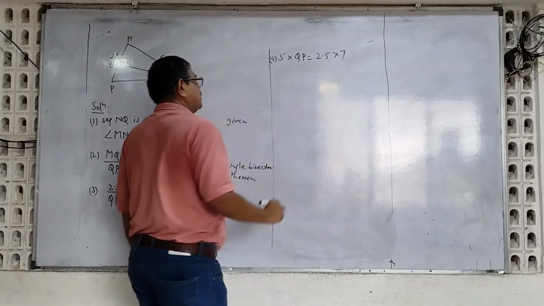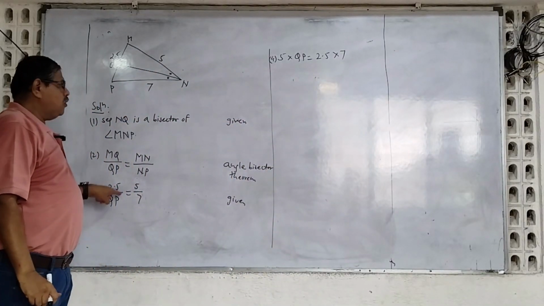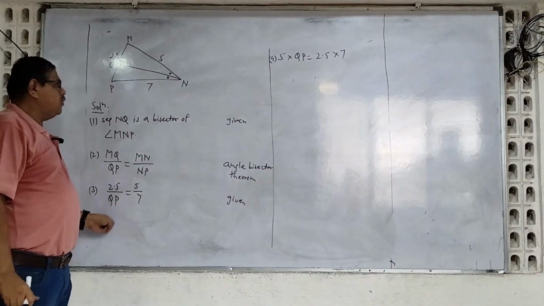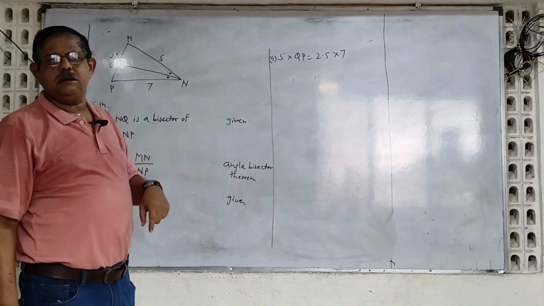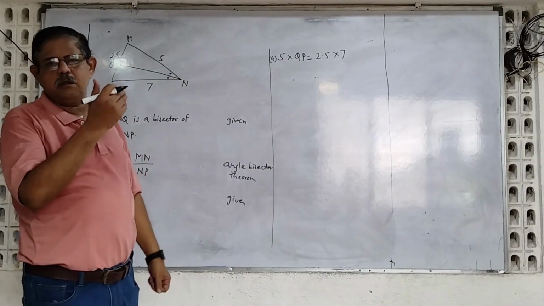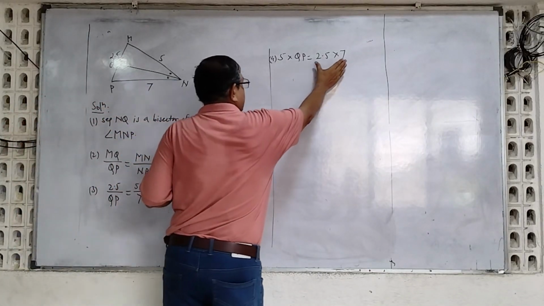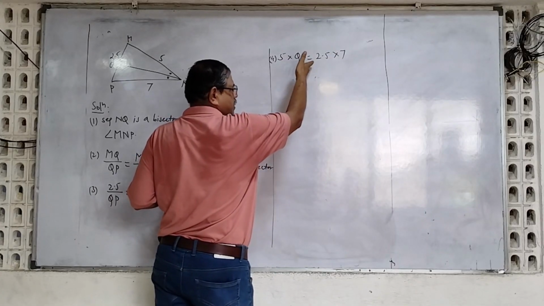Now see students, a little bit I want to explain. Generally we write 2.5 multiplied by 7 is equal to 5 into QP. But what I suggest is, the value we have to find out, take on the left hand side. Whether you write this on LHS or that side, it is the same because it is an equation.